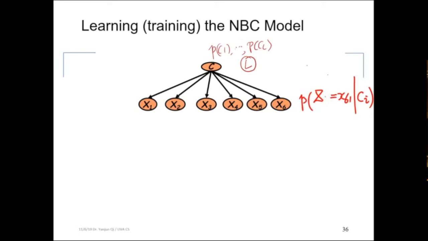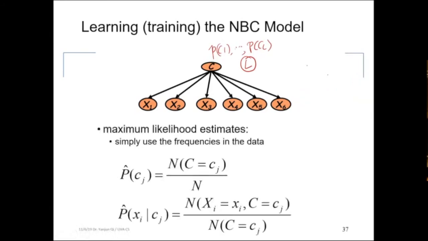Yeah, it's some kind of possible values. Let's just say hot or cold or whatever. Okay, so whatever I did before is essentially assuming this is a multinomial distribution.